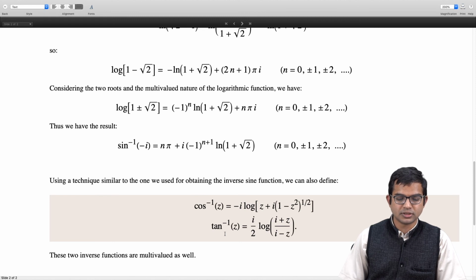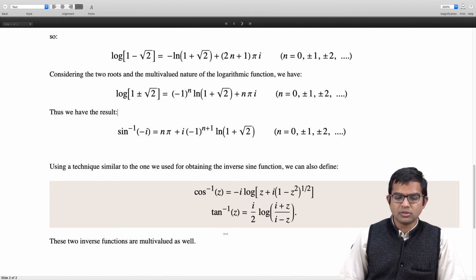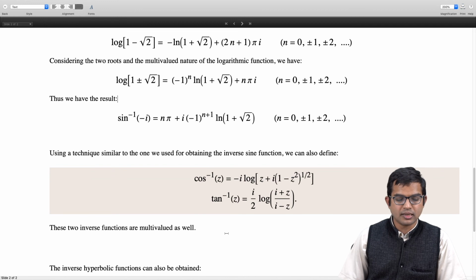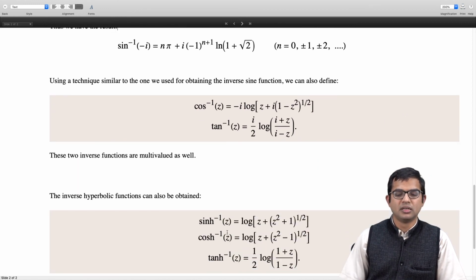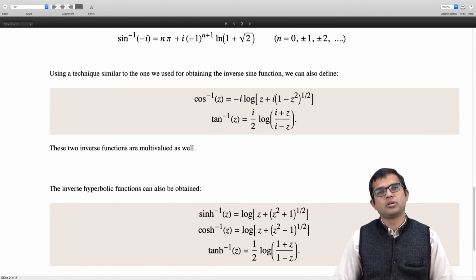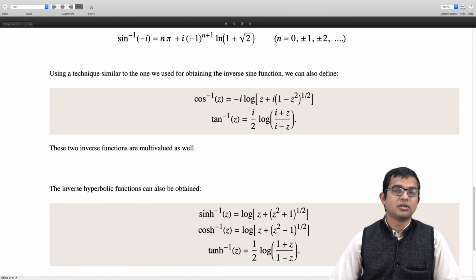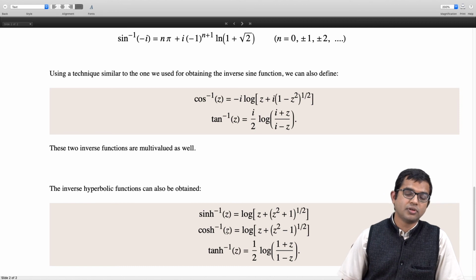Okay, so we quickly point out that the inverse hyperbolic functions can also be obtained by a similar method. So after all, hyperbolic functions and trigonometric functions are intimately connected, as we have already seen.